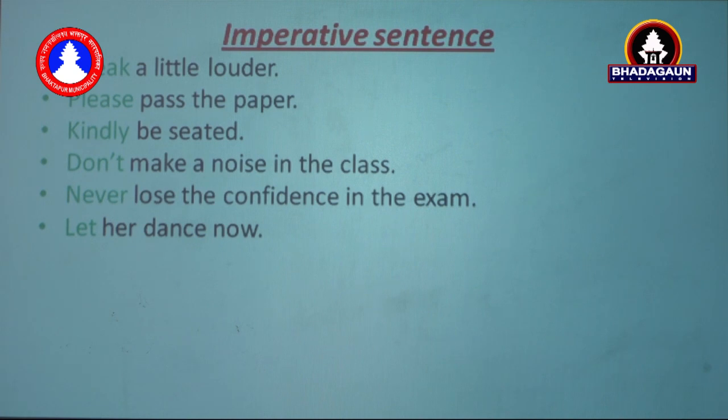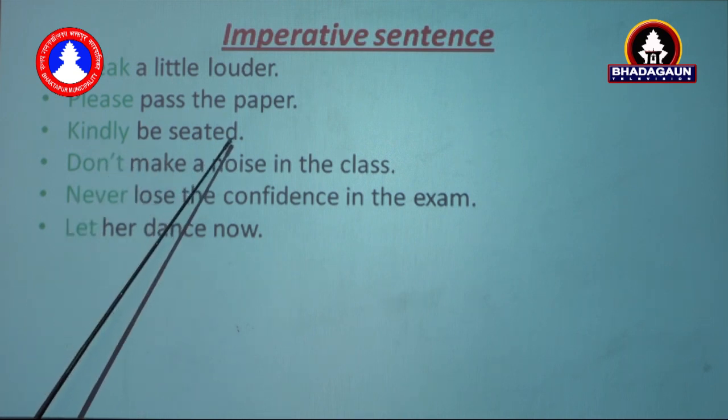If we identify the sentence, then we will use the tag according to its sentence pattern. So for imperative sentences, see the examples. Now find out the structure of imperative sentences by observing these examples. These are all imperative sentences. Speak a little louder. Please pass the paper. Kindly be seated.